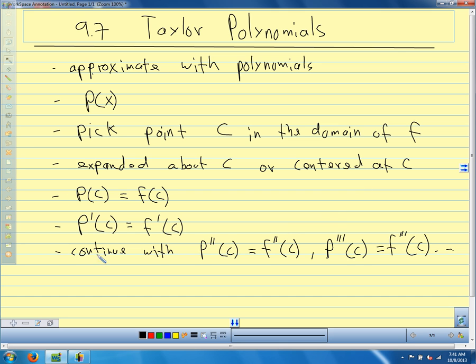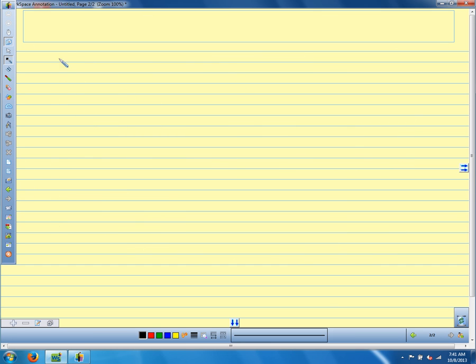So let's write out the general expression for this polynomial and come up with how we're going to write our approximation. We're going to say P sub n, so we just have n terms in our polynomial. We have this constant term at the beginning.